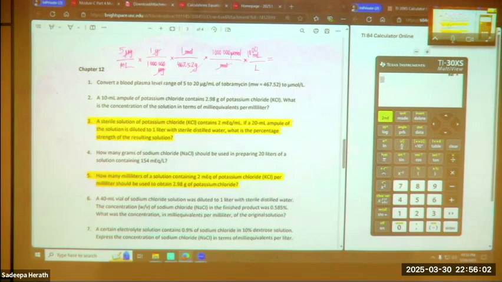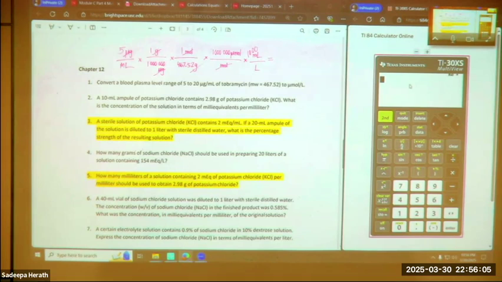So that's 5 times 1 million times 1,000 divided by 1 million times 467.52, times nothing.